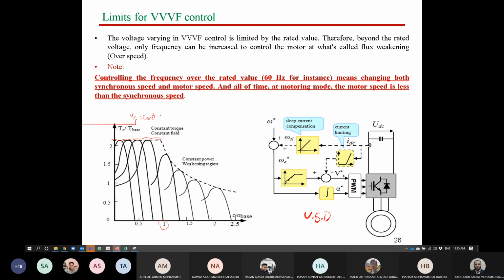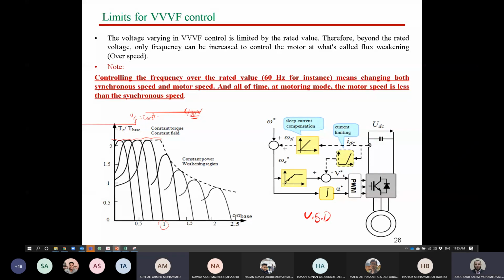Now, if you would like to increase the speed over the rated value of voltage and frequency, can you increase the voltage over rated? You have a motor of 400 volt. By how much can you increase the voltage? For any kind of AC machines, by how much can we increase the voltage over the rated value?